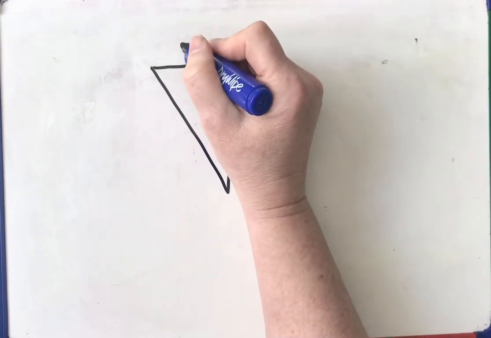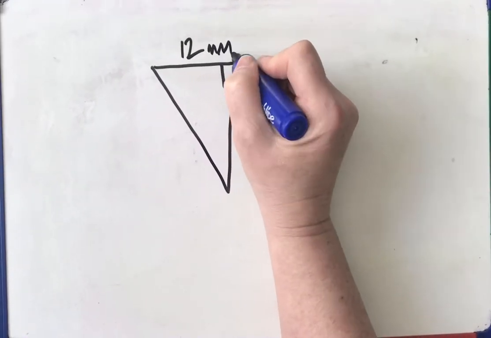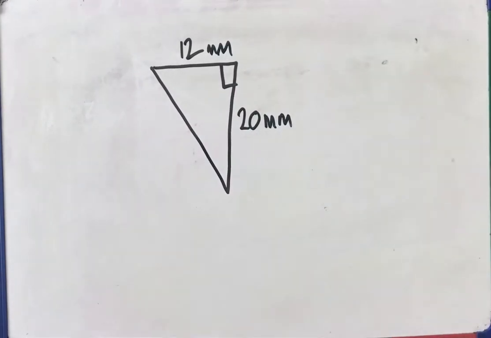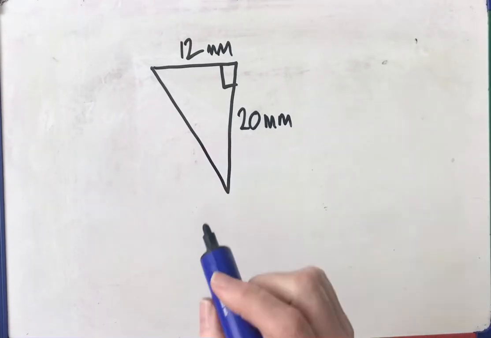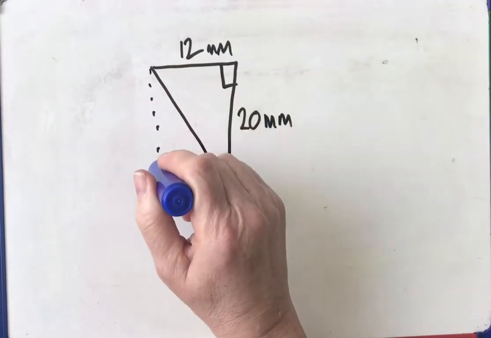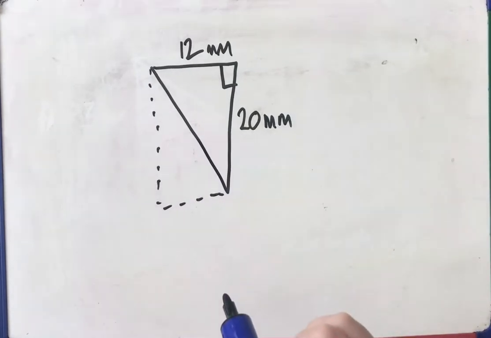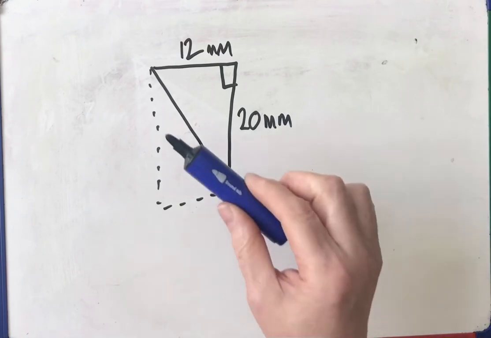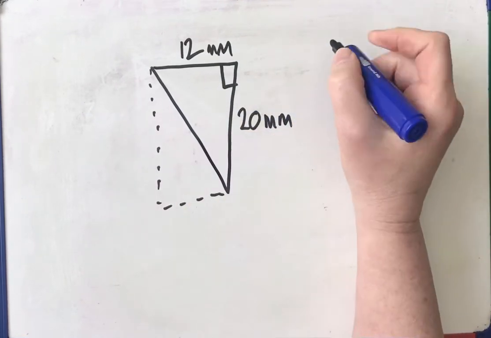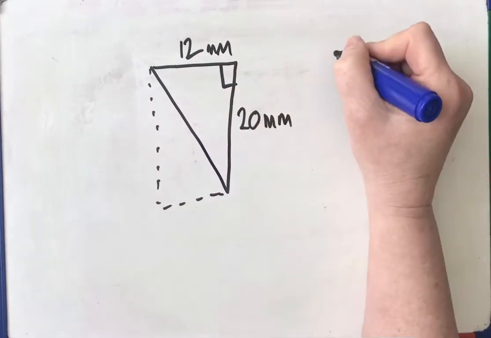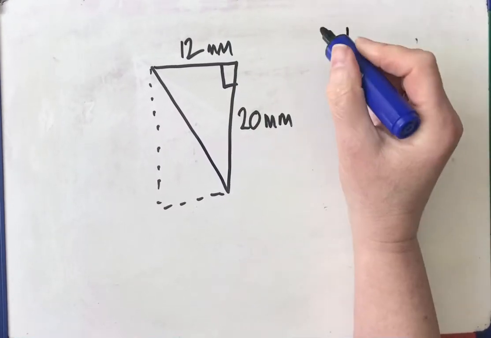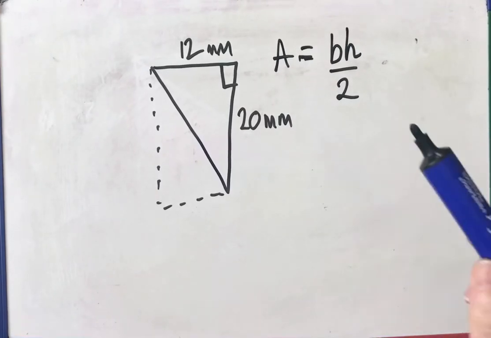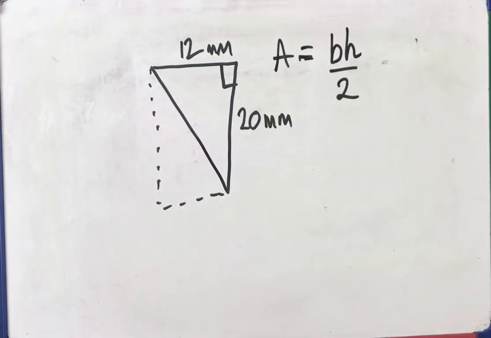If that was 12 millimetres and this was 20 millimetres, to find the area of the triangle, I know it used to be a rectangle that's been cut in half. So if I remember that the length times width, which would be the base times the height divided by 2, will give me the area of the triangle. That's where the formula comes from, because it's length times the width and then halved.